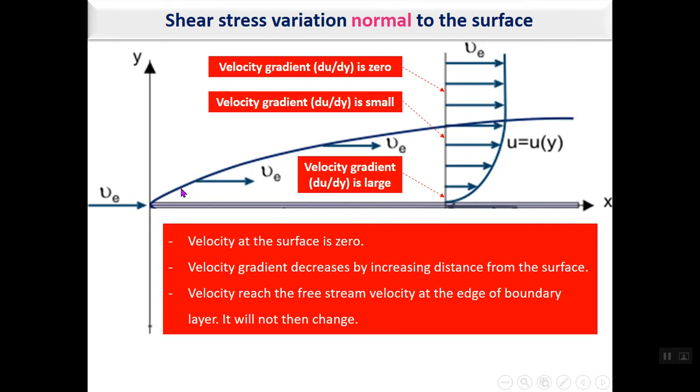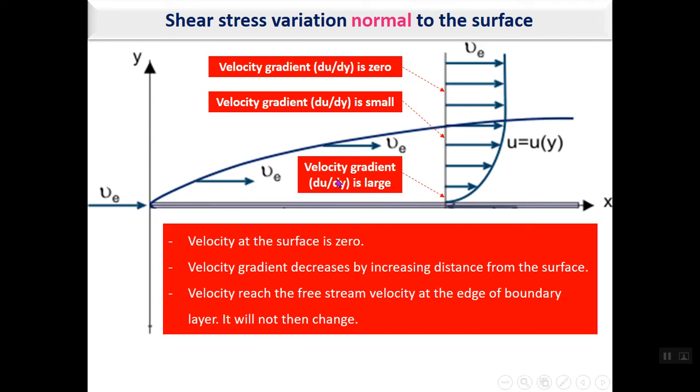As you may remember from last session, the boundary layer is a layer where the velocity is varying, and outside the boundary layer there is no velocity change. Actually, this is the effect of viscosity, which can be confined in this layer, named boundary layer.